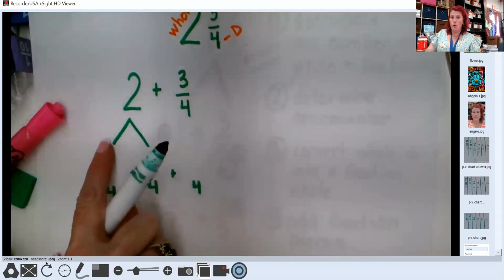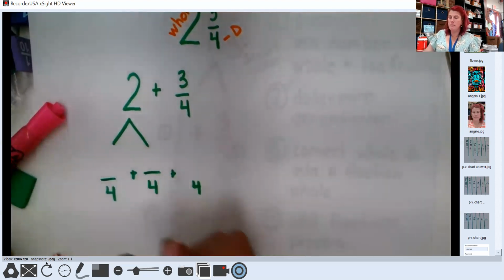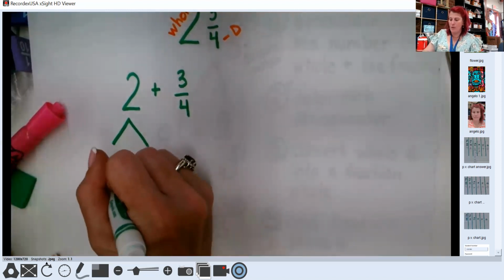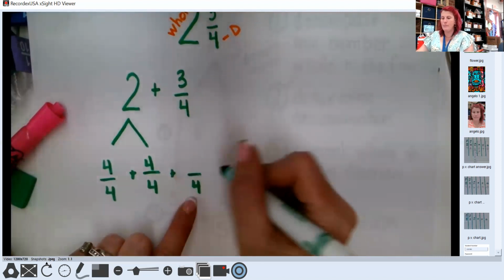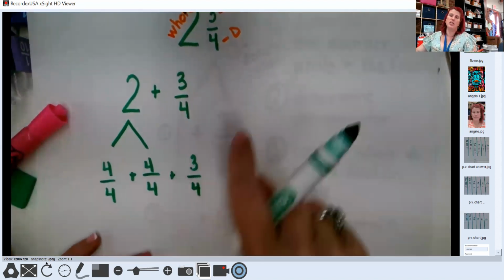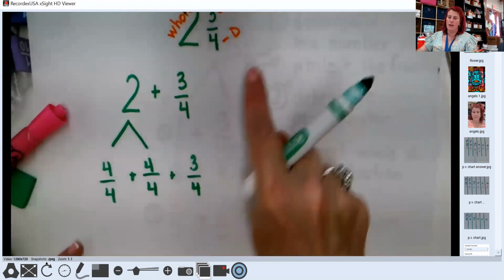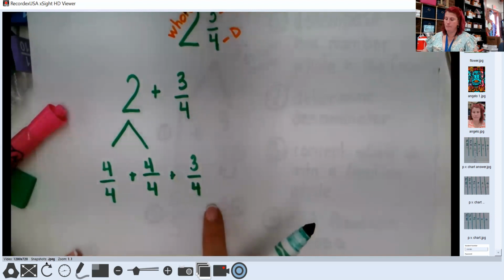I have 2 wholes, so I need 2 whole fractions. A whole fraction means that the numerator and the denominator match. And the last step said to add my fraction piece from my mixed number. So decomposition of 2 3/4 is 4/4 plus 4/4 plus 3/4.